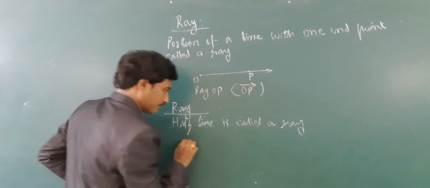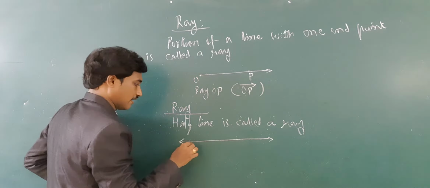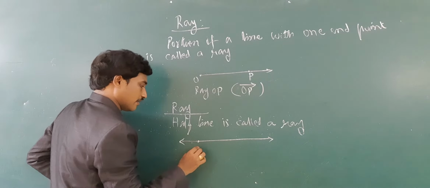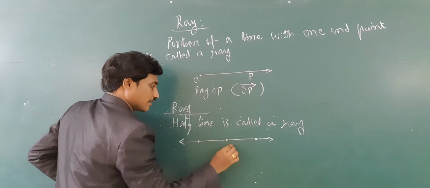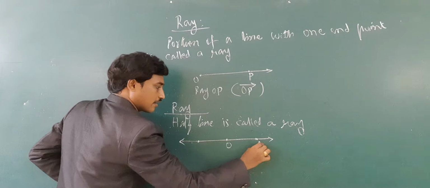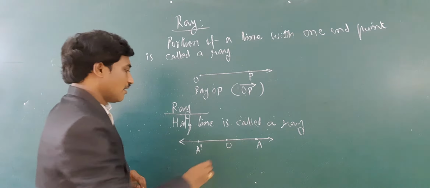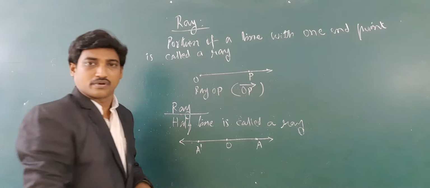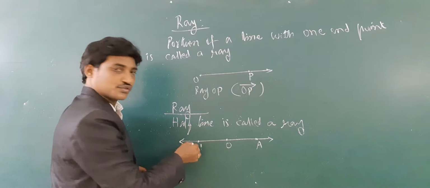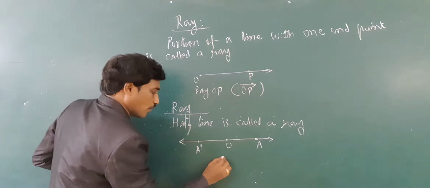For example, here there is a point A and A dash on a line. Then OA is a ray, OA dash is also a ray.